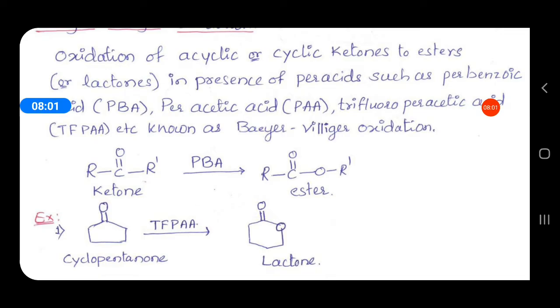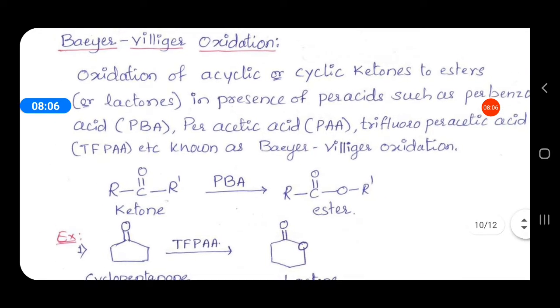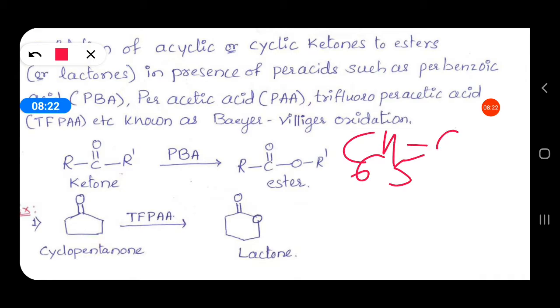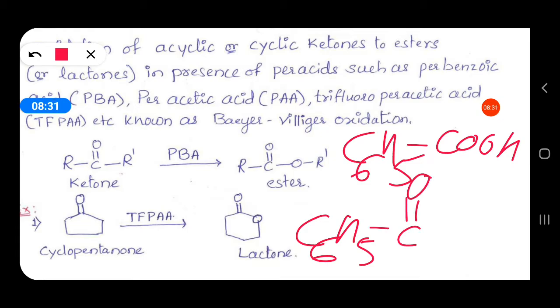This takes place in the presence of per acids such as perbenzoic acid, peracetic acid, and trifluoroperacetic acid. The structure of benzoic acid is C6H5COOH. The structure of perbenzoic acid is C6H5 C double bond O OOH.